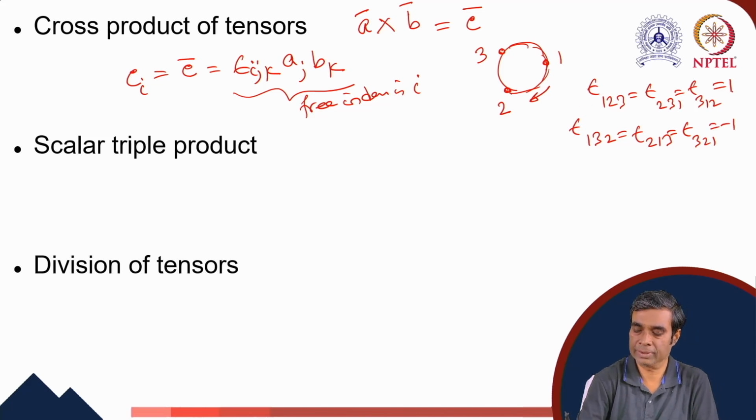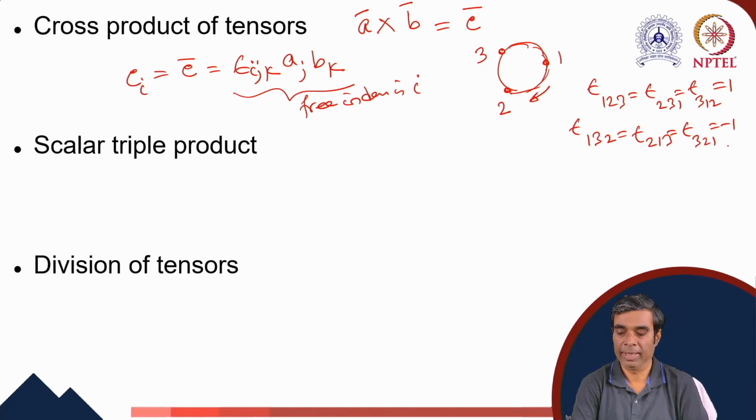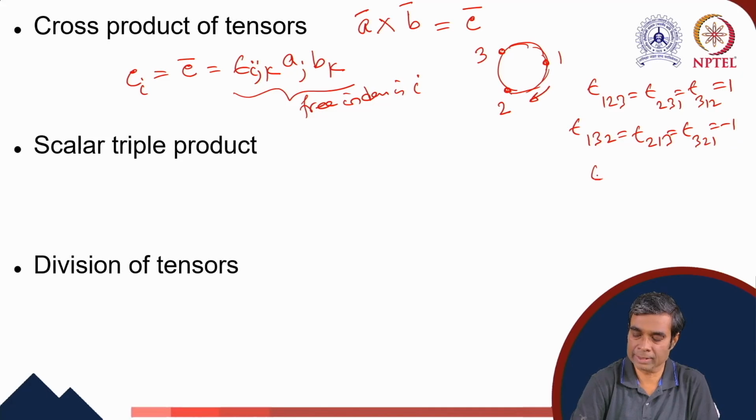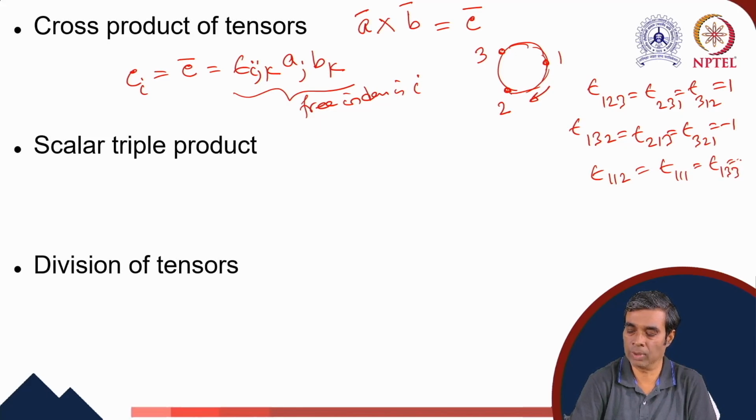The first row is for the cyclic permutation of 1, 2, 3. The second row, where we get the -1 value, is for the anticyclic permutation of 1, 2 and 3. And similarly, epsilon_112 equals epsilon_111 equals epsilon_133 and so on equals 0. This is for the acyclic permutation.